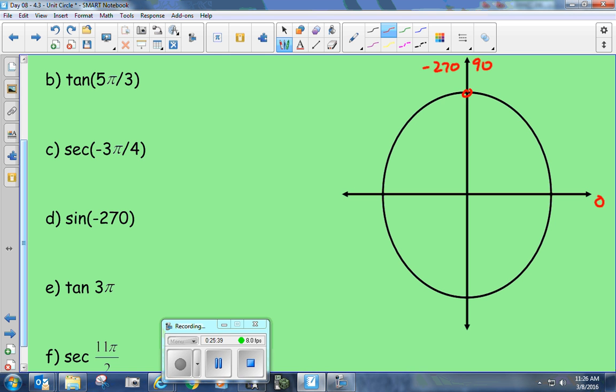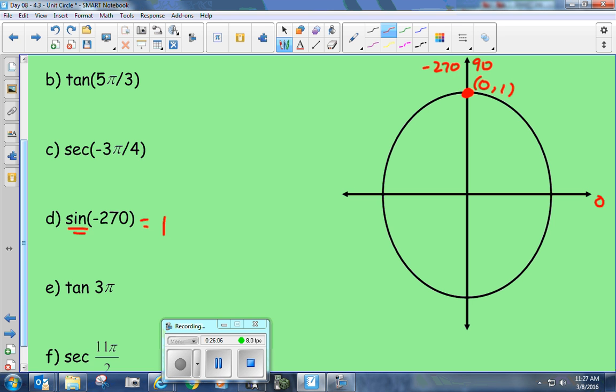If I wanted the sine of that, the sine is what? Remember, it's the y value of the coordinate, right? Isn't that at 0, 1? So it's 1. The sine is the y value of your coordinate. It's the sine of 90, same thing, sine of 270.